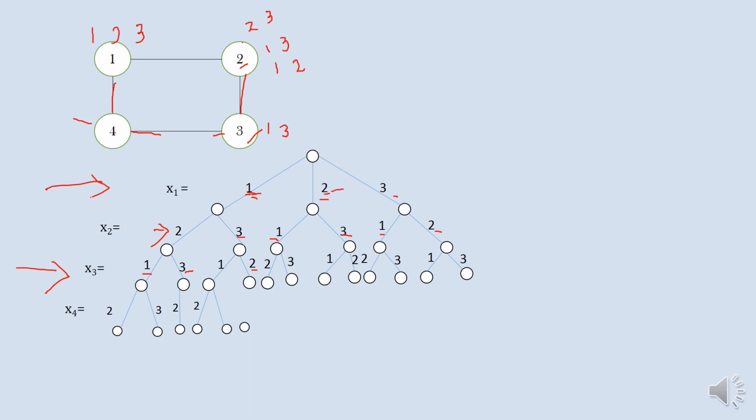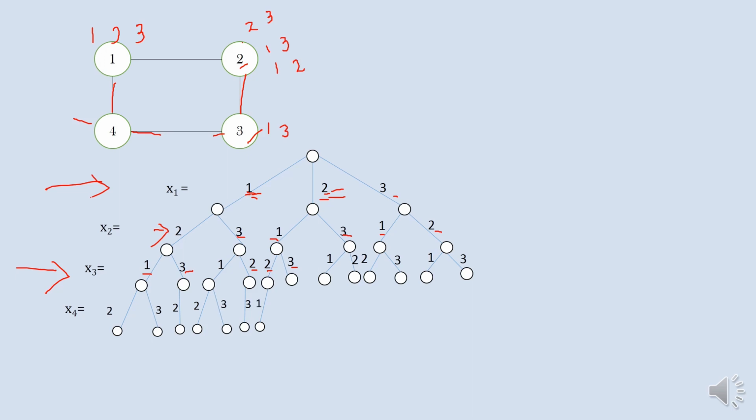Here we have x1 given the color 2 and x3 given the color 2. Both are using the same color. So for vertex 4, I can choose either the color 1 or the color 3. When x1 is given the color 2 and x3 is given the color 3, out of 3 colors, 2 have been utilized to color the adjacent vertices of vertex 4.